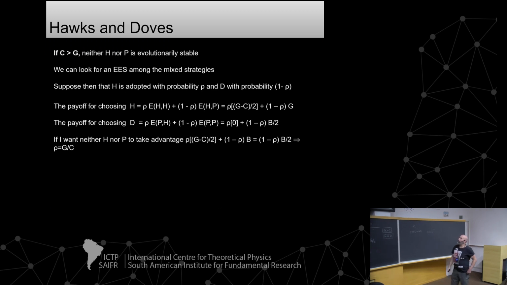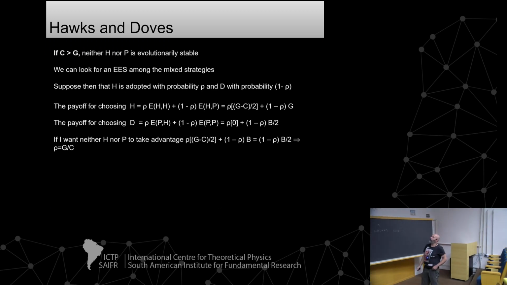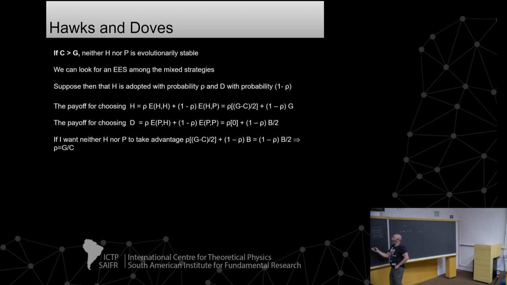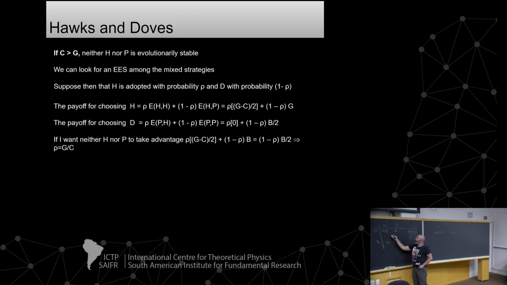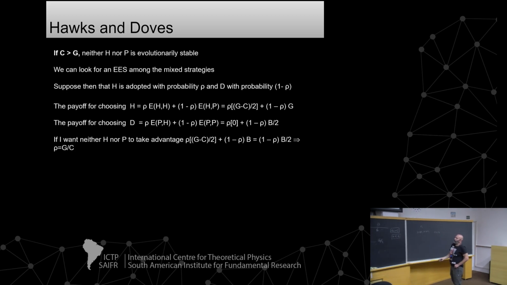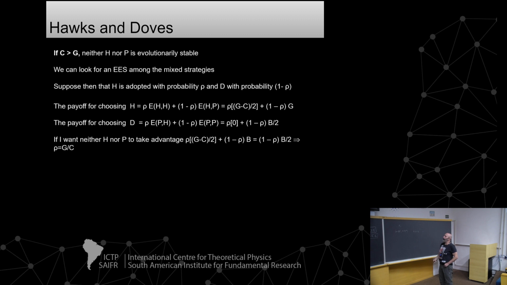So if c is greater than chi, neither hawk nor dove is an evolutionary stable strategy. Why not? Because for being an evolutionary stable strategy, I need hawk to be a Nash equilibrium or dove to be a Nash equilibrium. And they are not Nash equilibria because they are not dominating strategies. So I want to find this Nash equilibrium. And for that, I am going to do something similar to what I did before.